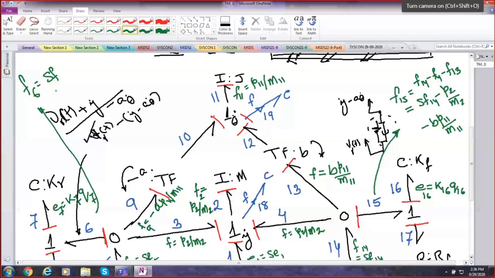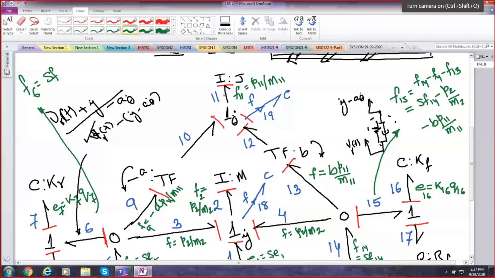So we have to go that way. I need F16, so I have to know F15. To find F15, I require these two. F4 is known. F13 I find from F12. F12 I find from F11. So that completes my loop. All right, so that's how they are connected causally.